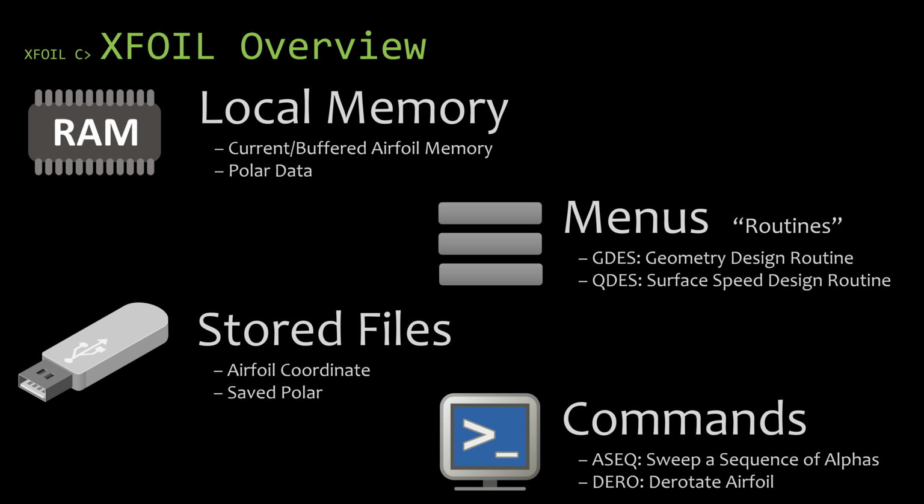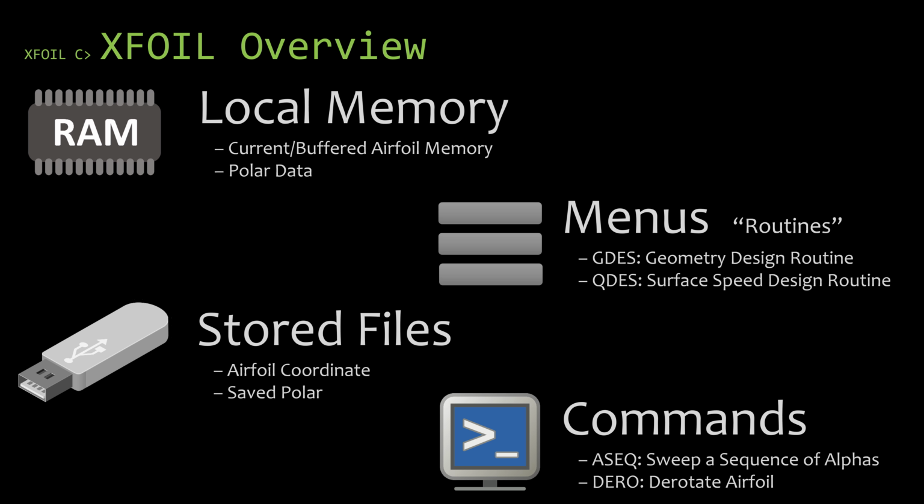That would be an instance where you might be using a stored file to load data into the local memory. These would be the files that you have located on your computer, on your desktop or in a folder. Those are your stored files, and they could be airfoil coordinates or drag polars that you saved after you ran an analysis. So that's some of the stored files you can use.